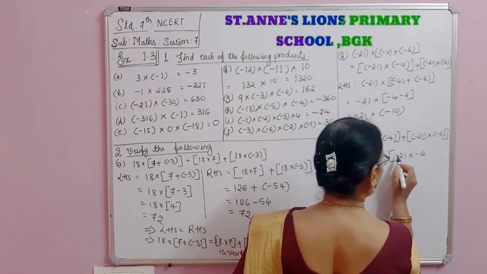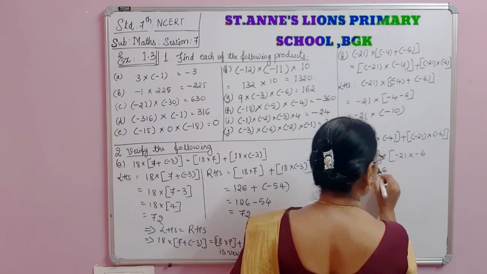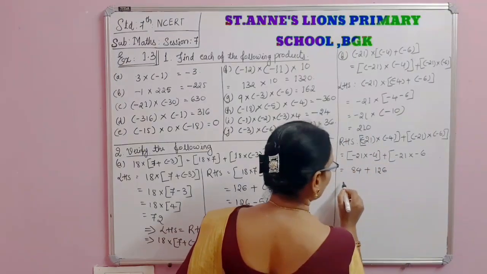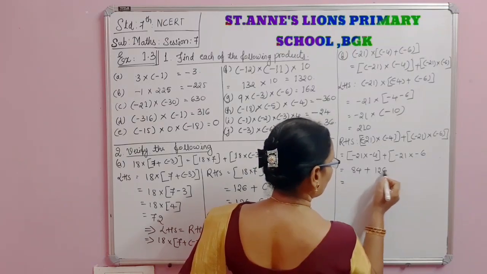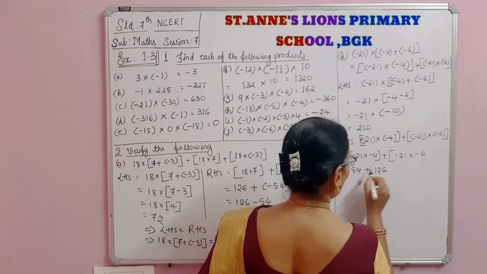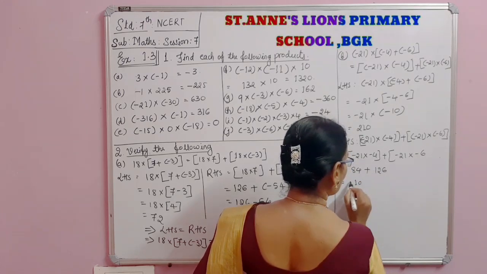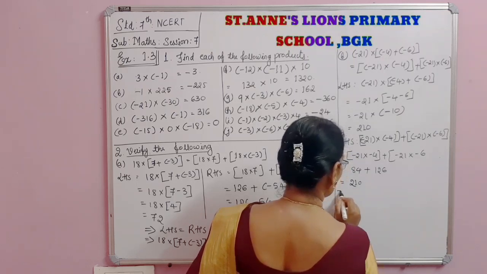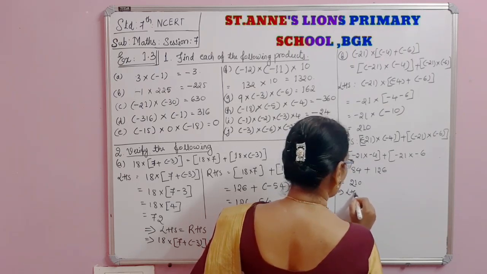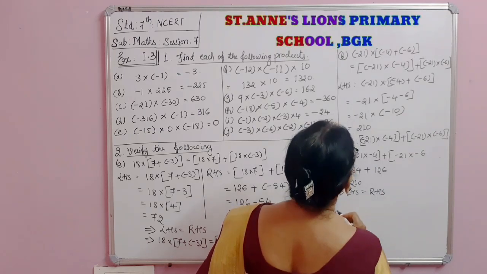Plus minus into minus is plus, 6 ones are 6, 6 twos are 12. So this is 6 plus 4, 10, carrying 1, 8 plus 2, 10 plus 1, 11, 1 plus 1, 210. So this implies that LHS is equal to RHS.